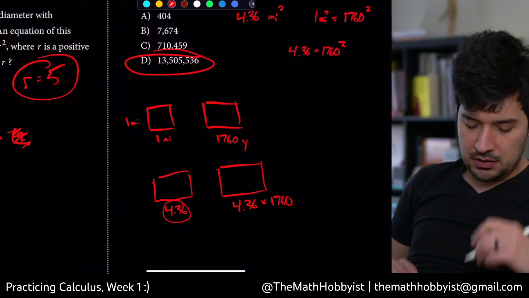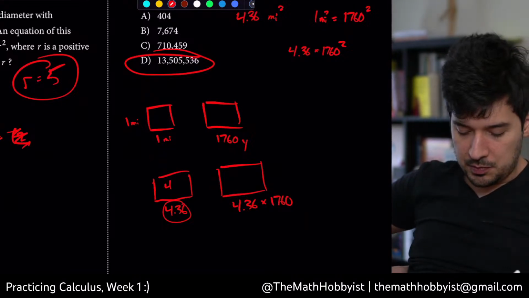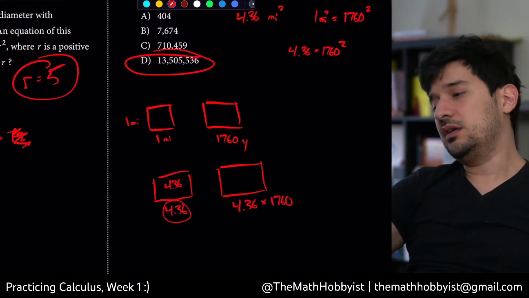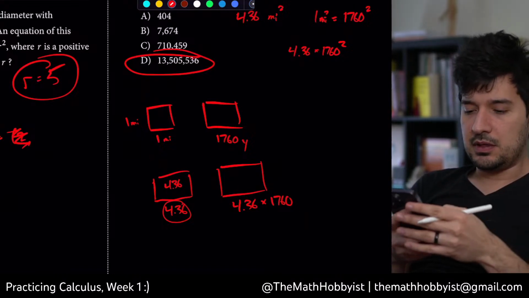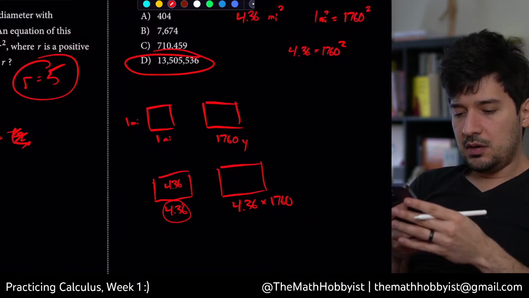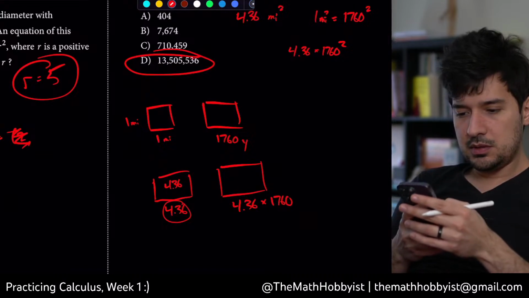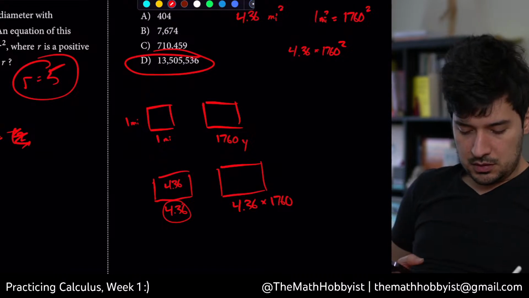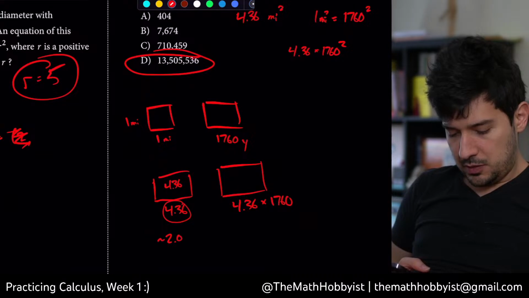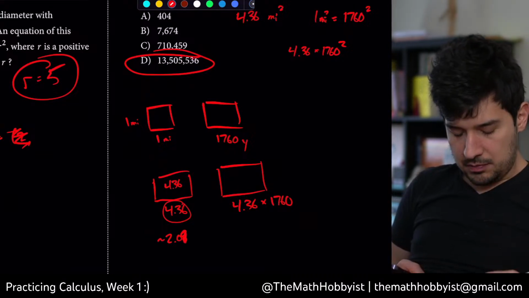But then I used 4.36 as a side length of the square, not as the square of the length. So what is the square root of 4.36? We've got about 2.08, about 2.09 per length.